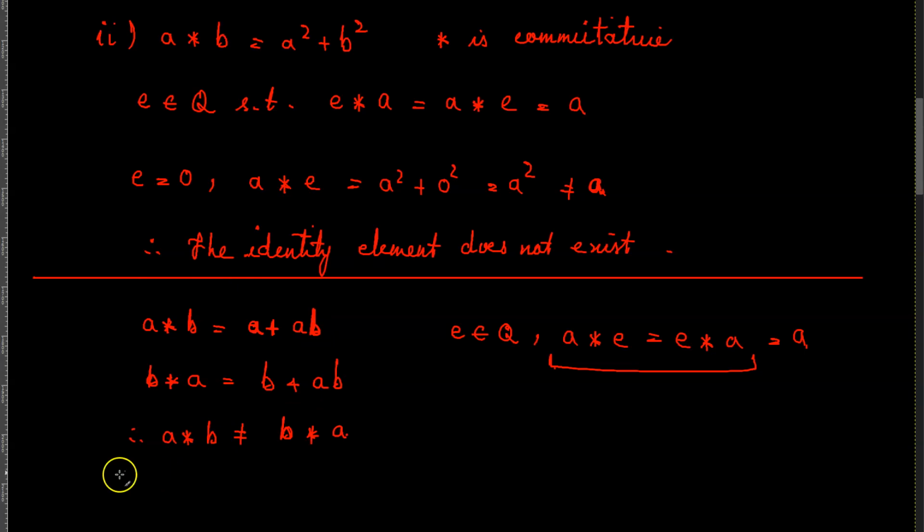And since star is not commutative, there is no question of the identity element existing.